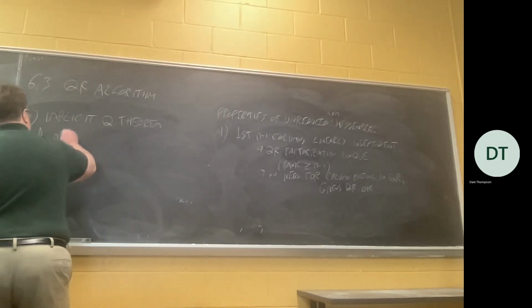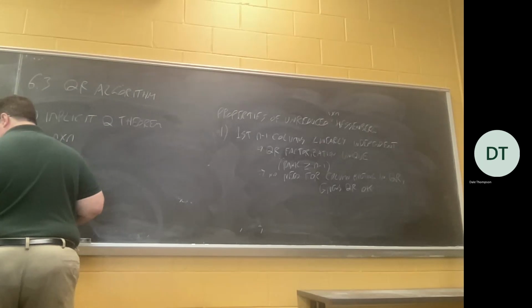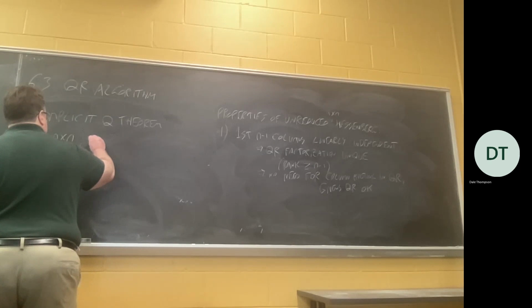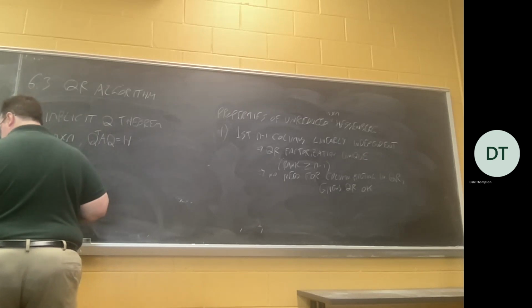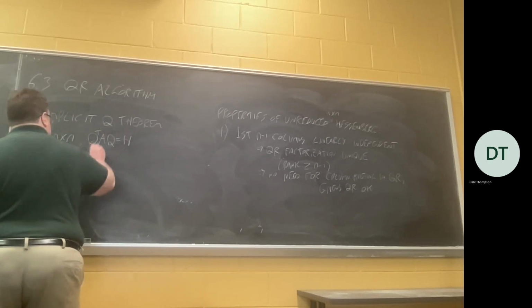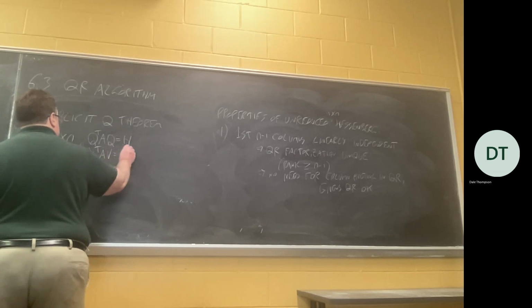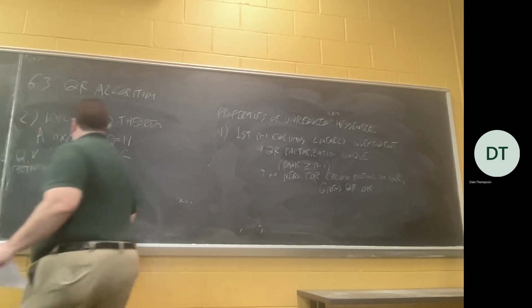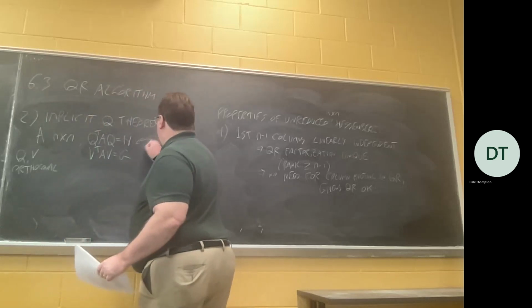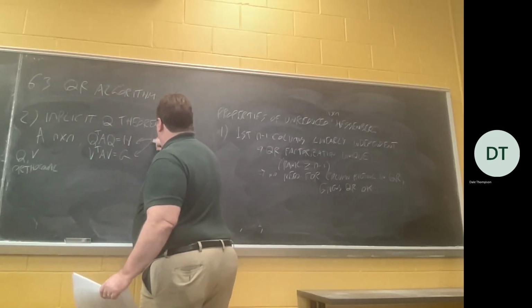Let's suppose that the matrix A is n by n, and then you have 2 Hessenberg reductions of A. So Q transpose A Q is equal to H, and V transpose A V is equal to G. Q and V are both orthogonal. H and G are both Hessenberg.